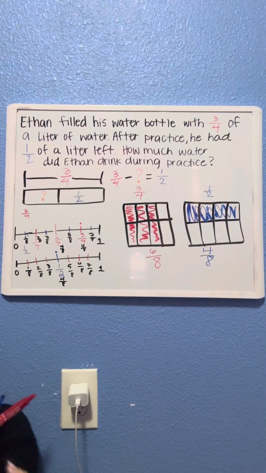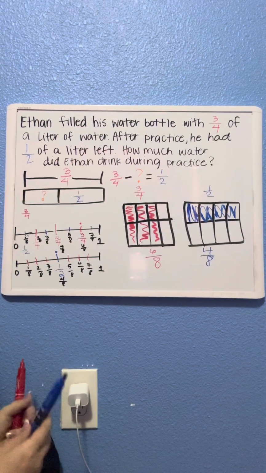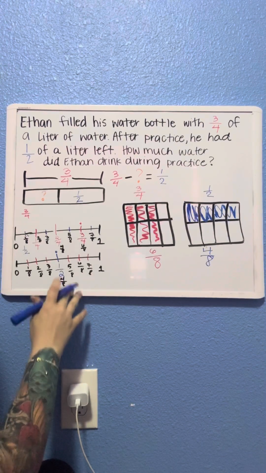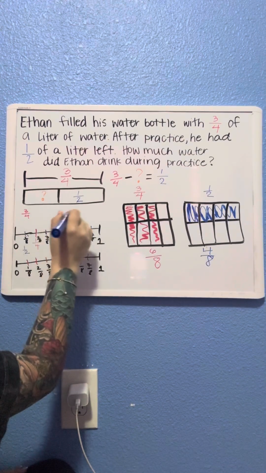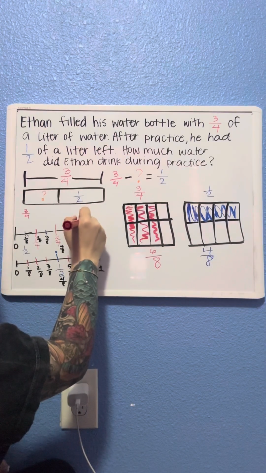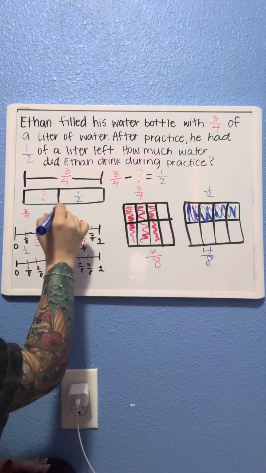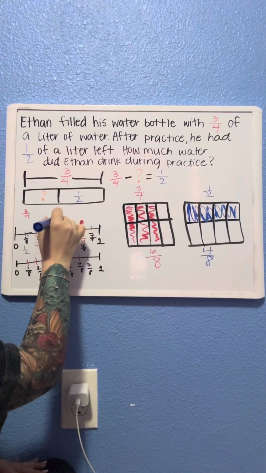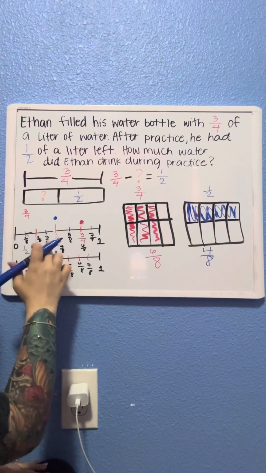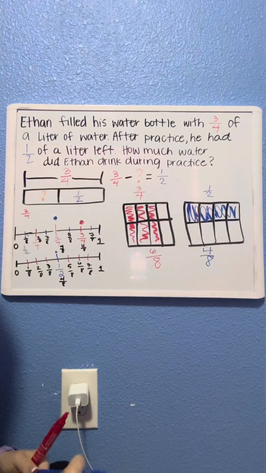So if we compare these, say just on the top, we know that he started with 3/4, okay, and he ended with 1/2, which we now know is 4/8 or 2/4. 6/8, yes, okay.